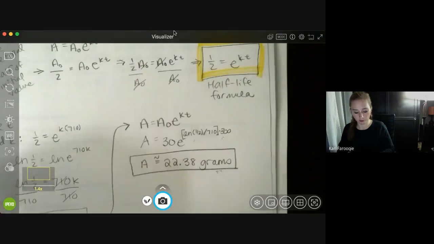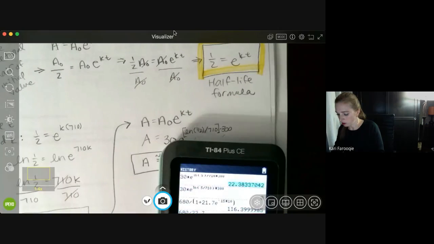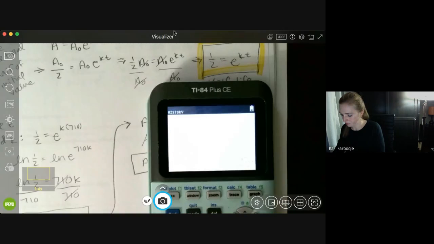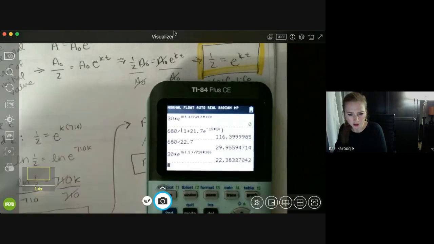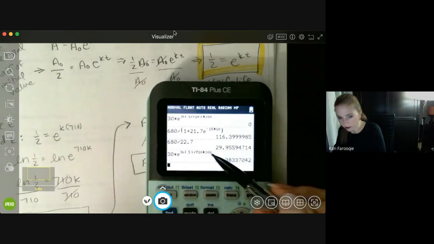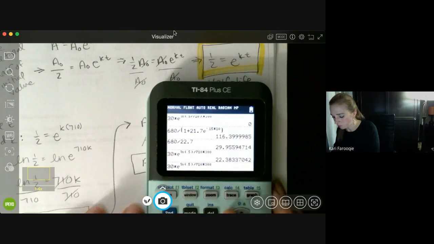Okay, so for this problem, when you enter it into your calculator, you might have an older TI also. It could be that your 300 is not inside the exponent. It could be a lot of things. Let me see what happens when I do that.